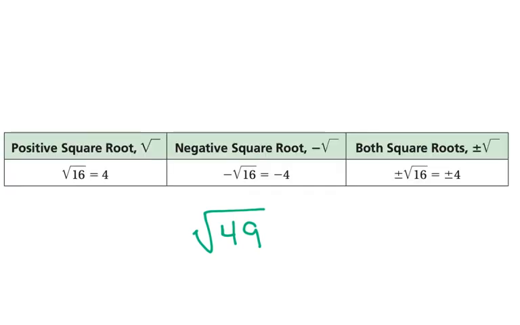Now, that radical sign can be used in a variety of different ways, like you see here. You can have a positive square root, which we see in this first box. It says find the positive square root of 16, meaning they only want the positive square root, which would be positive 4. They can also ask you for the negative square root, which we see in the second box, by placing the negative sign out in front of the radical sign.